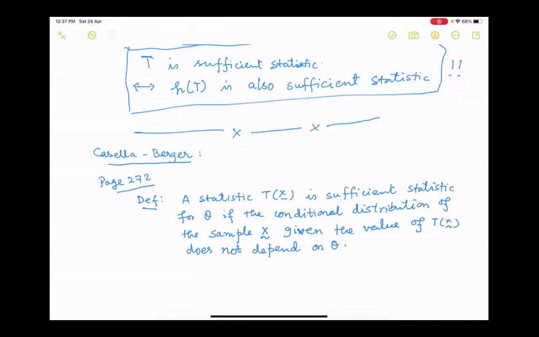Now, what does it mean? The first time you read this definition, it feels very weird, to be honest, how on earth somebody came up with this kind of definition.